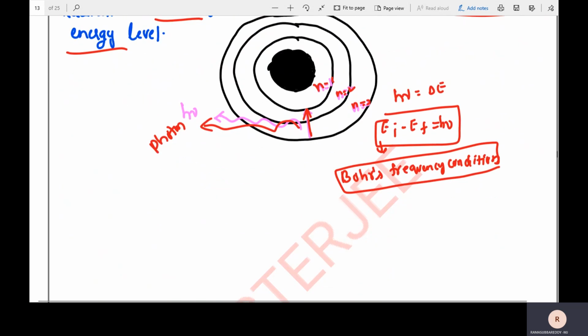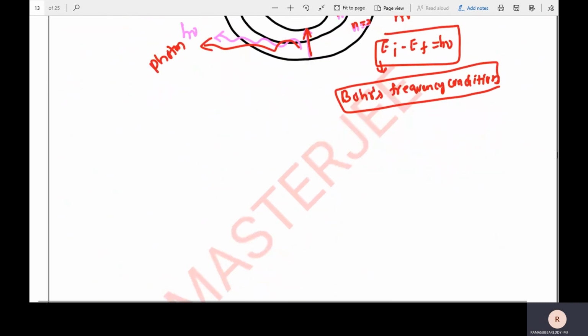Then next, in Bohr's model we have the radius. What is the radius? We need to find it first. In Bohr's model, he gave the formula for the radius of the electron. We know the electron is revolving in a circular path.